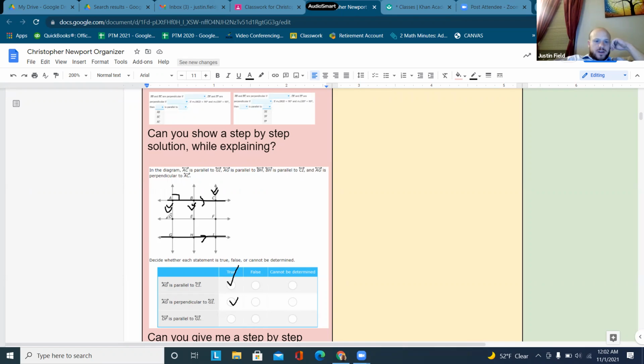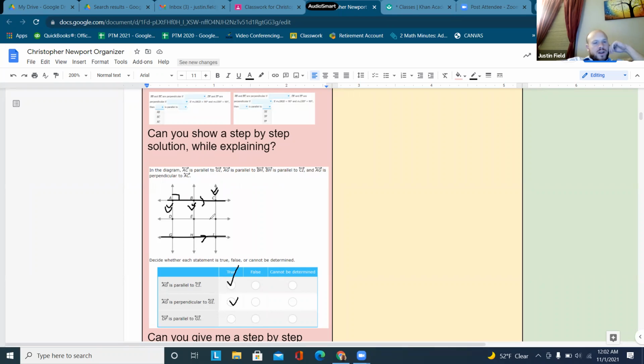DF is parallel to GI. Now we don't have anything marked about DF, but well, we do know that it's, we don't really know actually.